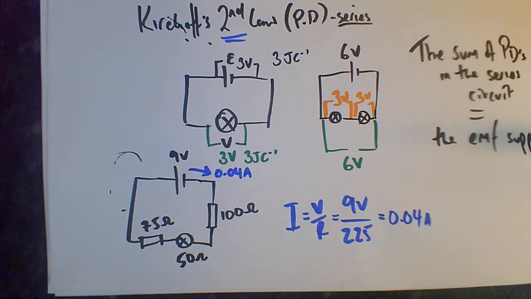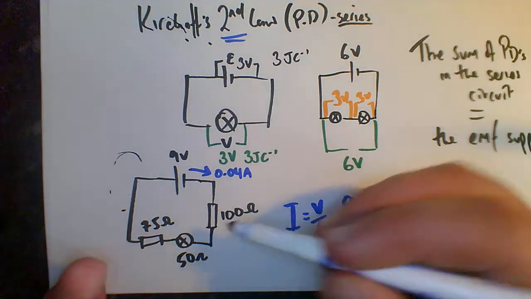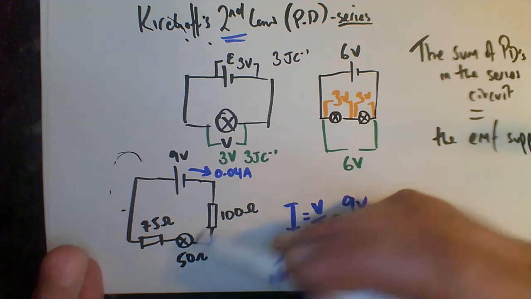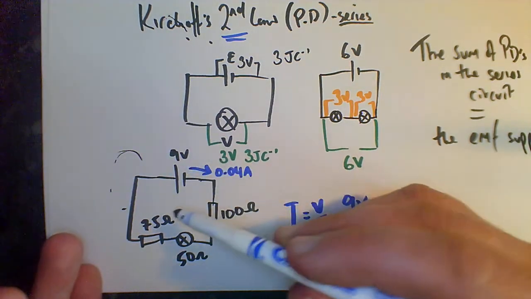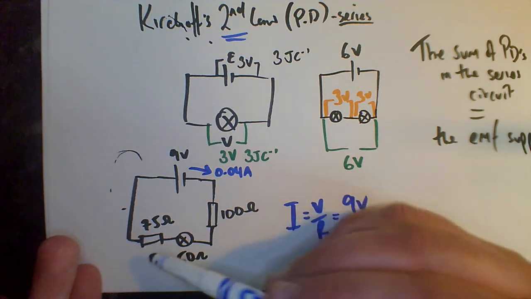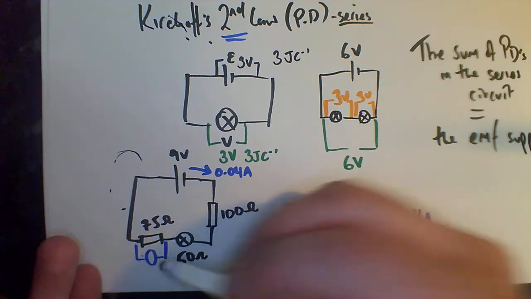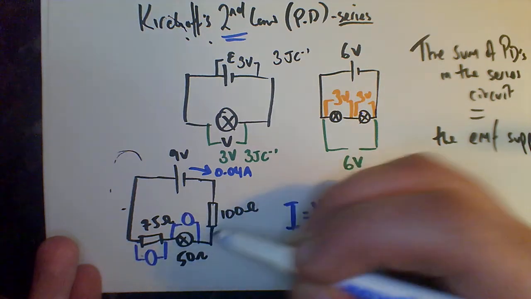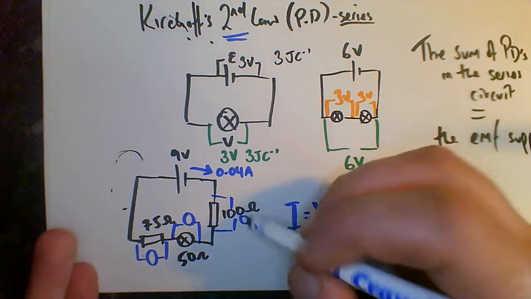Really useful. And basically speaking, what voltage drops would we have over here? Well, if we have 9 volts coming here, we know from Kirchhoff's law that the PD across here and the PD across here will equal 9 volts.